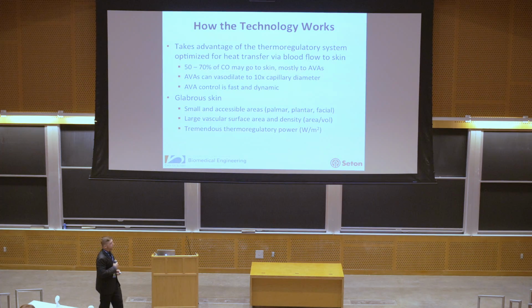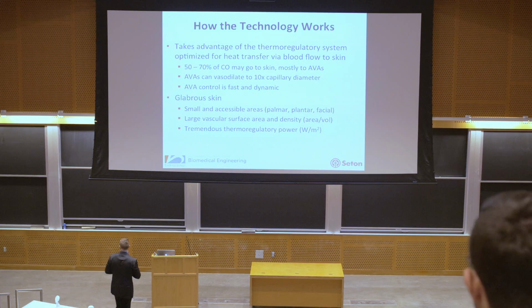The technology that we actually use to elicit this is taking advantage of this flow system by activating along the spinal cord. You can heat it up and basically trick your hypothalamus into thinking that your body is overheated, begin thermoregulation, and then apply the heat exchangers to the skin.